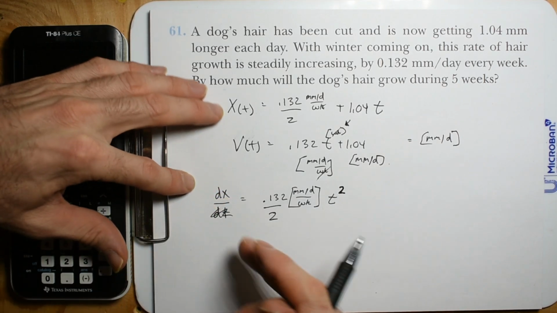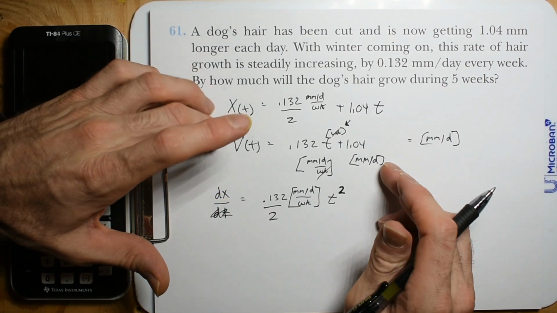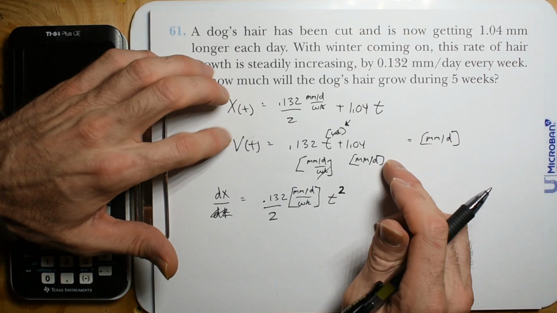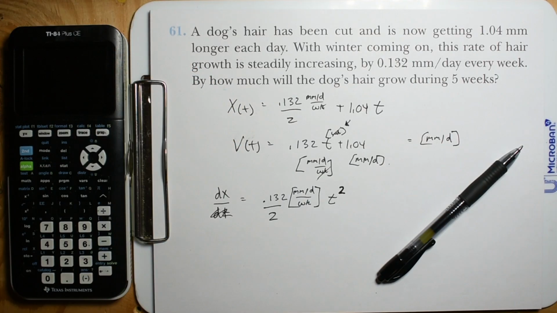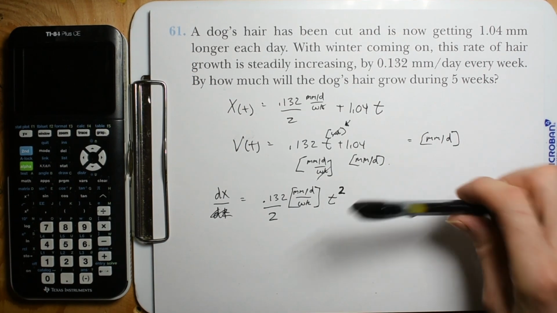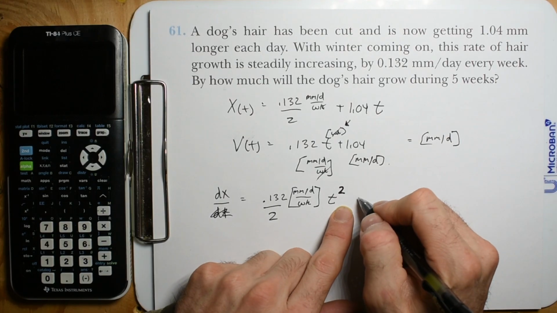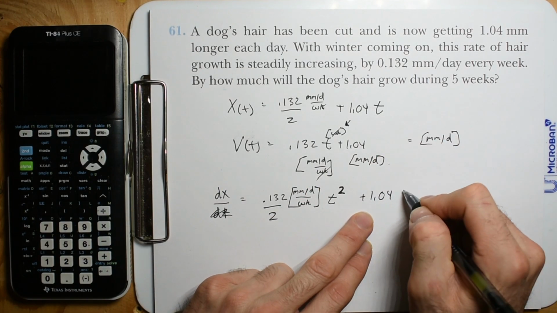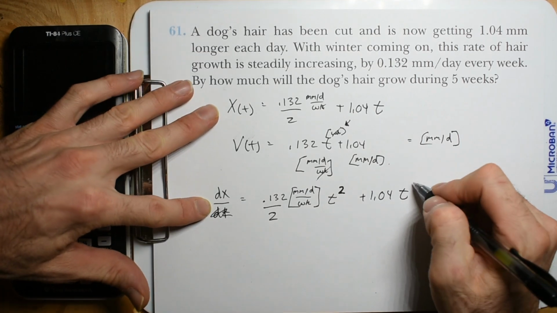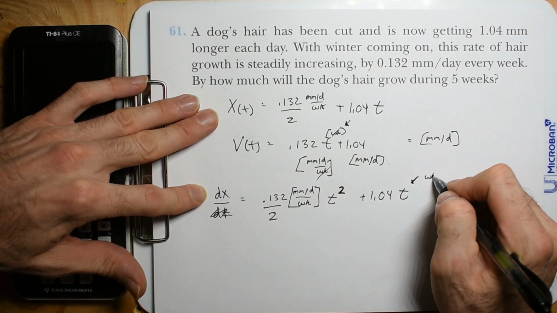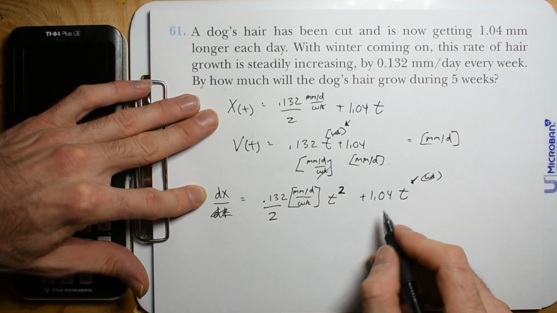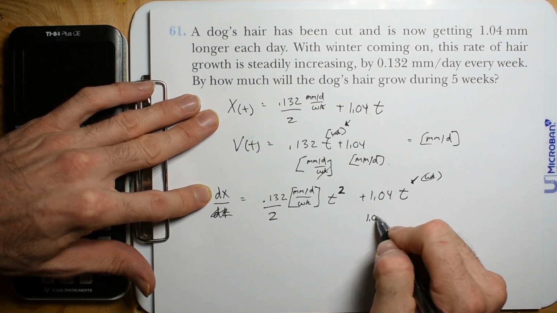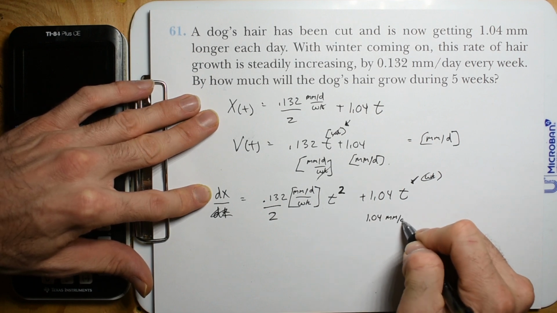Oh, maybe I'm losing my mind of what the actual integration means. All right, let's just go with it and see if we can catch our error. So when we integrate this is going to be 1.04 t, and our time right here is going to be in weeks. And so this has to be 1.04 millimeters per day.